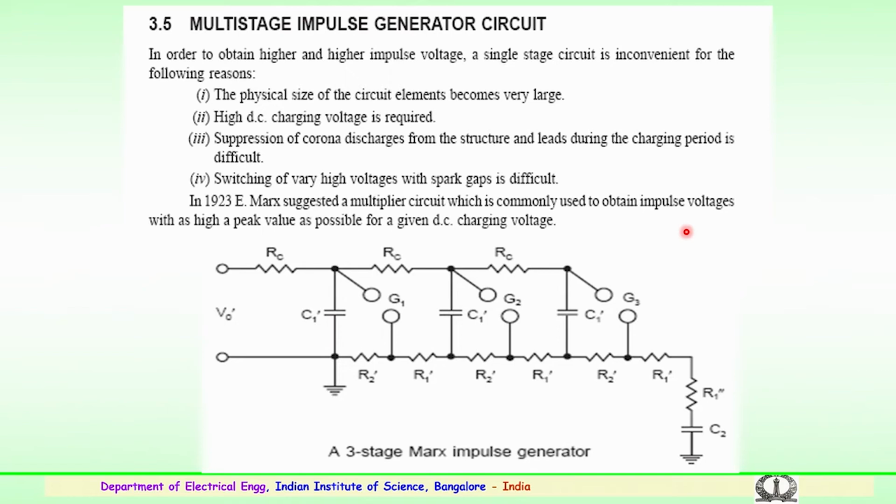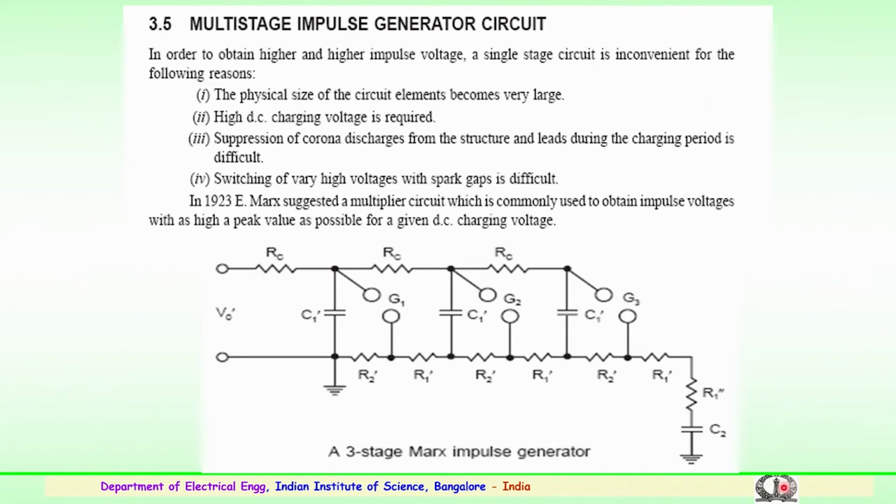Similar to the multiple stage DC, here the multiple stage impulse generator is shown. This is based on the Marx principle to obtain higher and higher voltage levels, where earlier a single stage circuit was inconvenient.